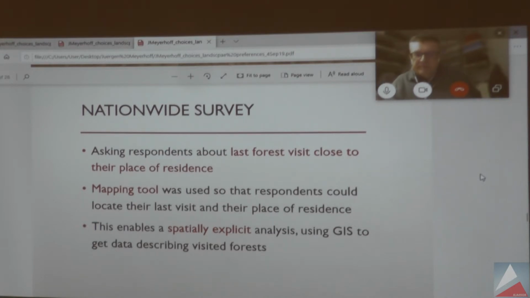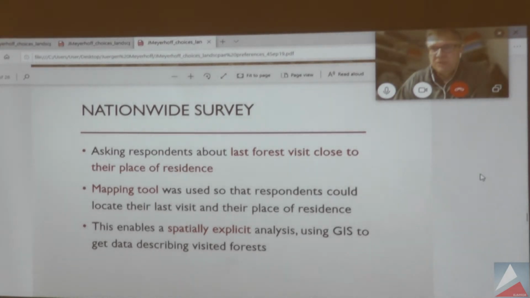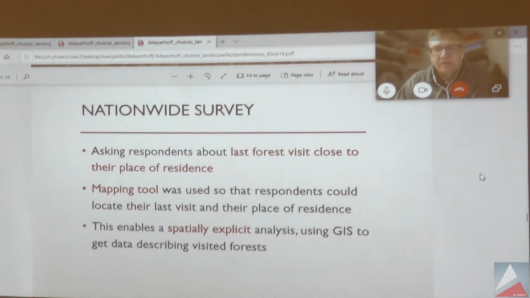We also provide people in this survey a mapping tool where they could indicate the location of the forest they have visited, which allows us then to do a spatially explicit analysis by using GIS data that we can derive, for example, from land cover data.